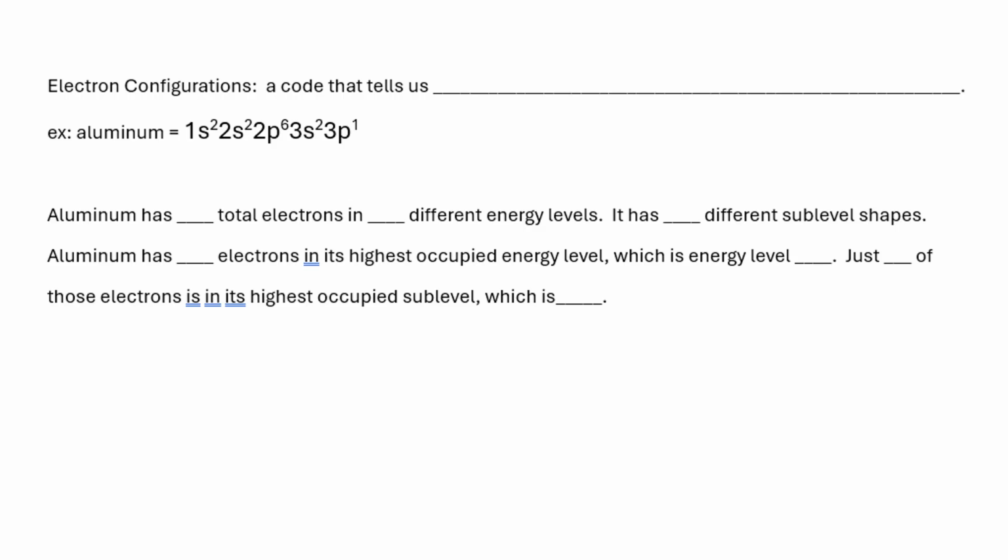Okay, so let's take a look at this code, this electron configuration code. The first thing to know is the job of the electron configuration is it tells us the locations or energies of electrons in an atom. It's like a map for where that electron is and how much energy it has. So aluminum has 13 electrons.